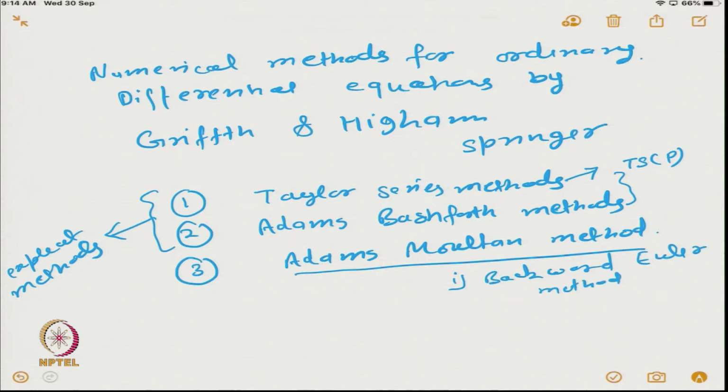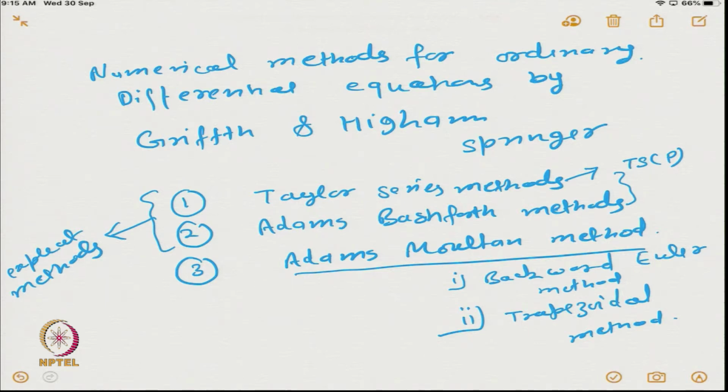And second was called trapezoidal method. Trapezoidal method in some literature is also called modified Euler method, and we have already seen that Adams-Moulton methods are a way to develop general implicit methods, and both of them are implicit.